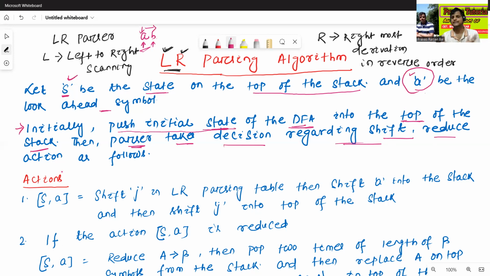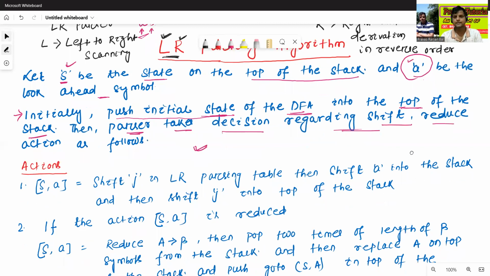The parser will decide whether it will follow the shift action or reduce action based on the initial state of the DFA. Don't worry about this theory. When we design one example, we will see how the LR parsing algorithm pre-processes the input string.